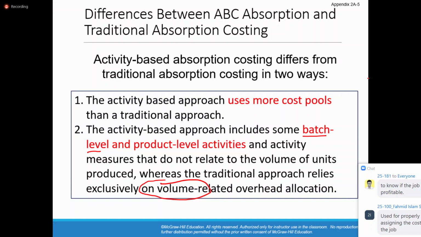And the second one is product level activities. You see that these are particularly relevant for the activity-based absorption costing, not related to the volume of units to be produced. In the product level activities, for each product, you need to make a design, you need to make some assembly.